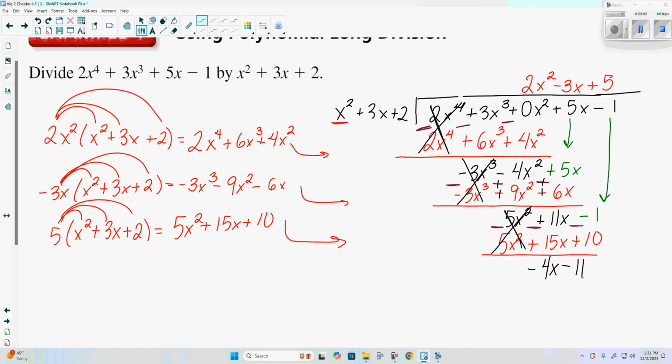No, so we're done with that there. Plus, we will have to put the remainder back in our answer. So we plus a fraction, negative 4x minus 11 over our denominator, x squared plus 3x plus 2.